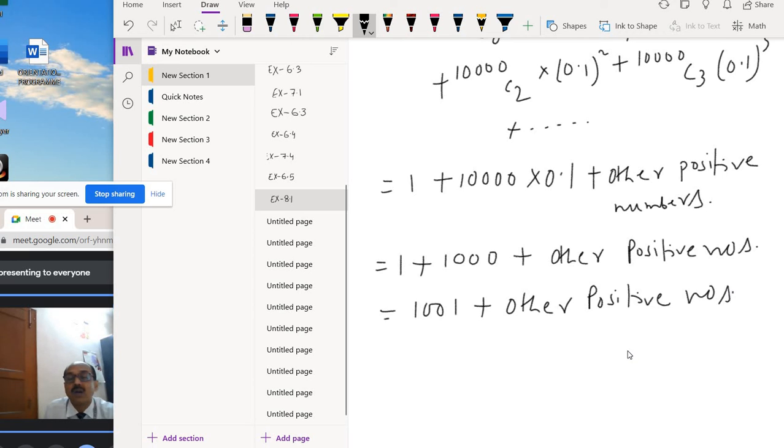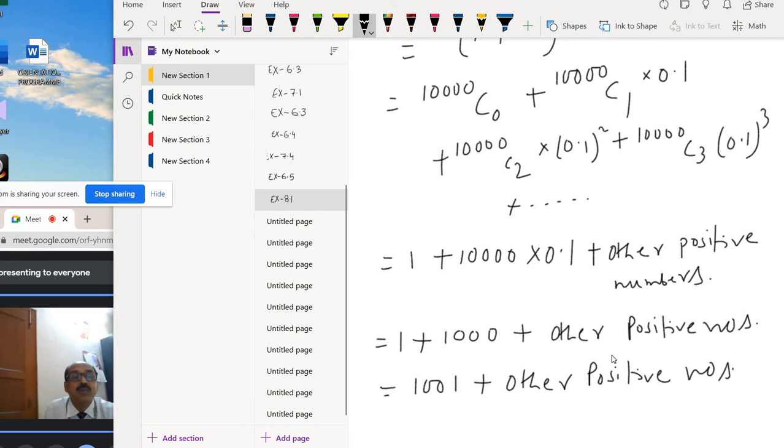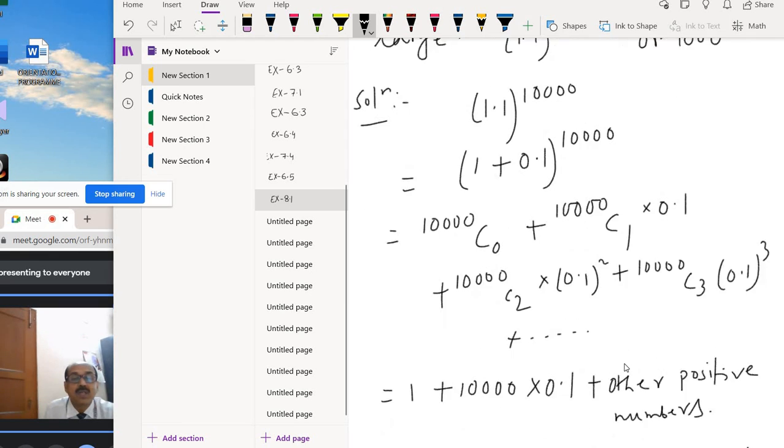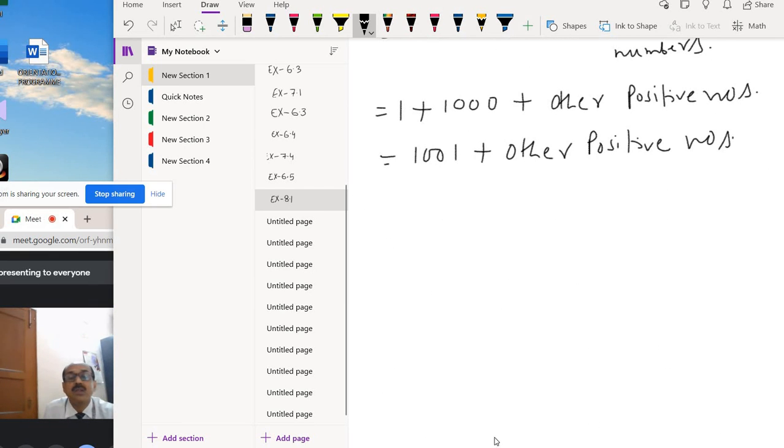Now this we compare with 1000. 1001 is greater than 1000, so 1.1 to the power 10,000 is greater than 1000, because it is 1001 plus other positive numbers.